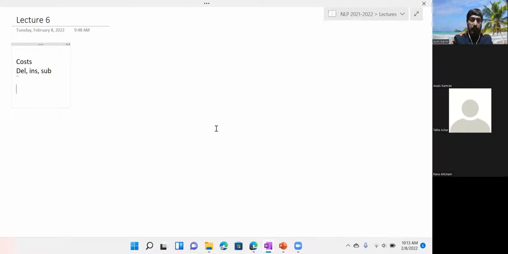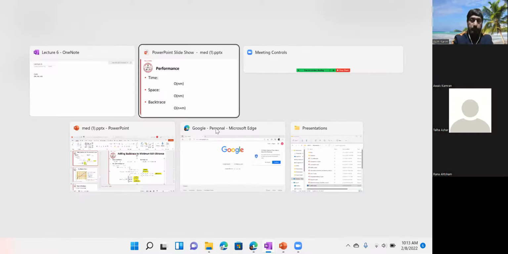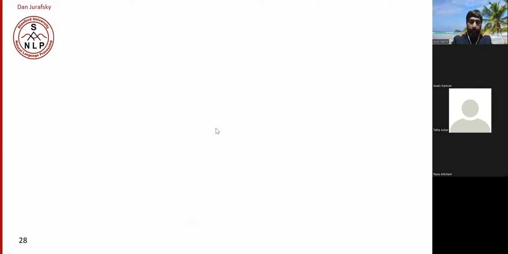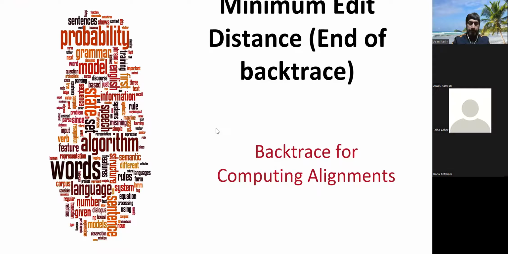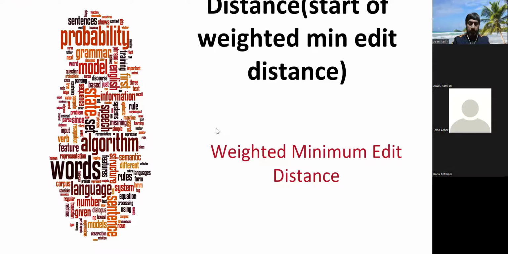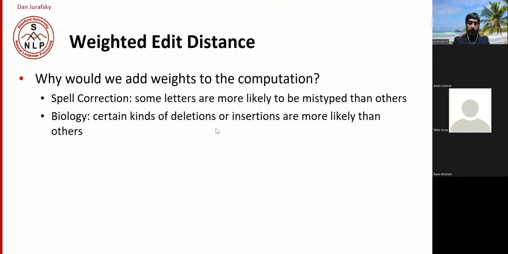So let's look at a simple application of string. This variation is called a weighted edit distance. As I said, you are assigning different weights to deletion, insertion, and substitution.